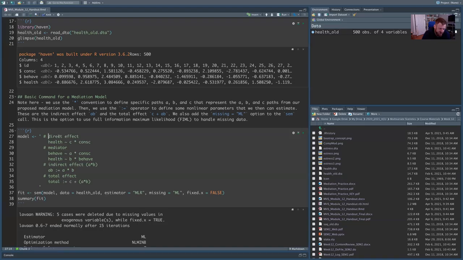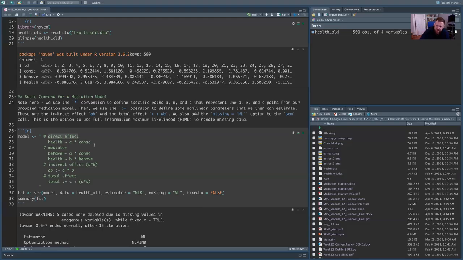So here's our direct effect. And yep, sure enough, no wonder I was so thrown off. It is backwards. Okay, so conscientiousness impacts health-related behaviors, which impact health. Okay, thank you. That was throwing me off because I was like, that doesn't make sense. So someone being more conscientious impacts the amount of health-related behaviors that they are attending to, like washing hands, things like that.